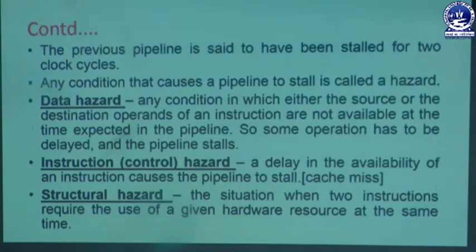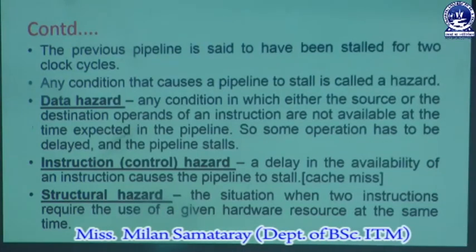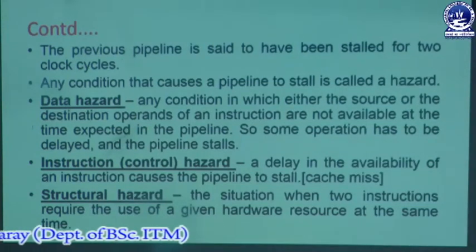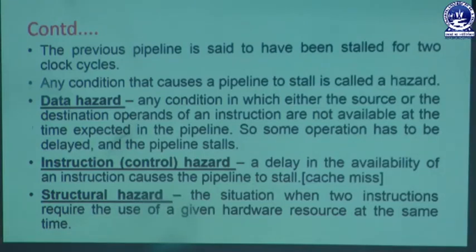So if the data we need to perform the operations is not available when it is needed, or the data is used by some other process, then that type of condition is called data hazard. Or you can say due to the unavailability of data, if the pipeline stalls or the operations are delayed for some clock cycles, then that is called data hazard.